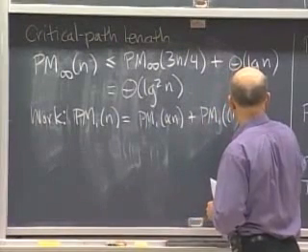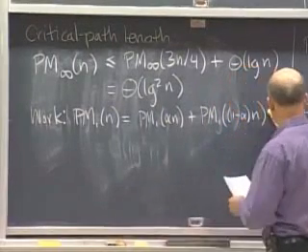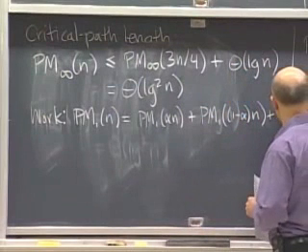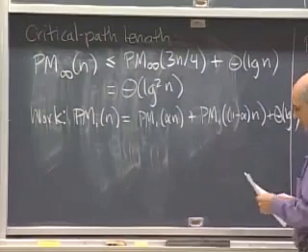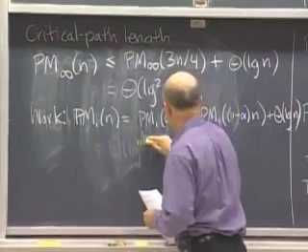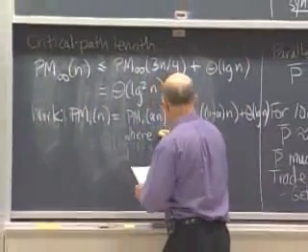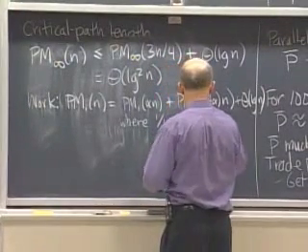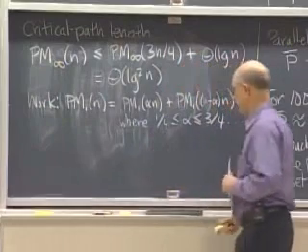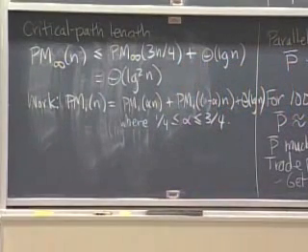And then the work on the other side will be P sub m of 1 of 1 minus alpha n plus, and then still order log n for the binary search. Okay, where, as we've said, alpha is going to fall between 1/4 and 3/4.